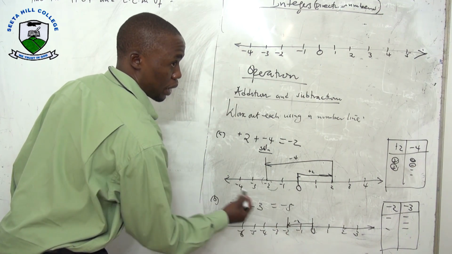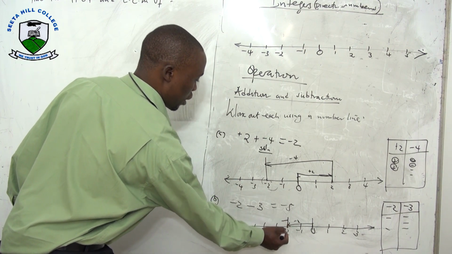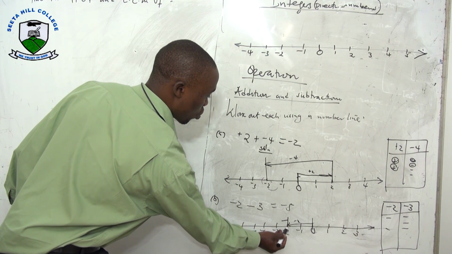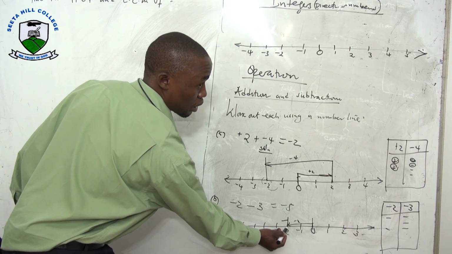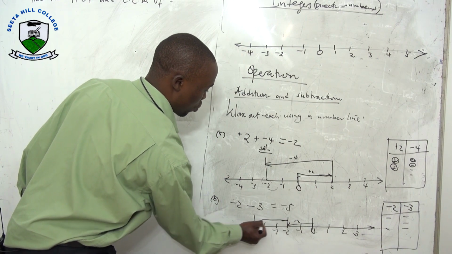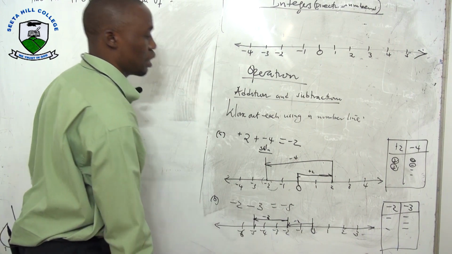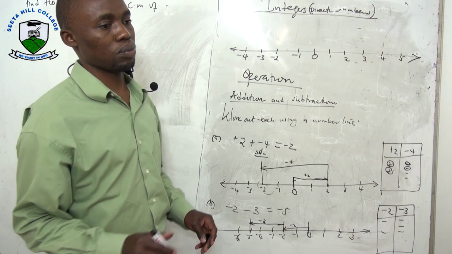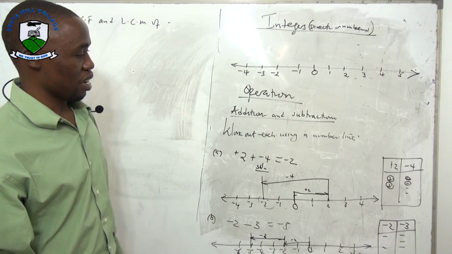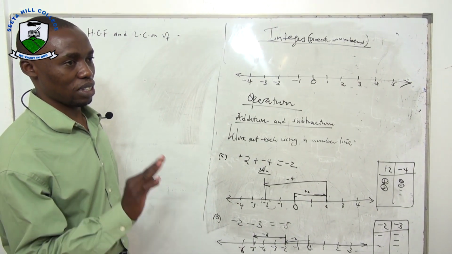We follow more negatives. Yes. Follow more. How many? 1, this is 0, where we end, we start from there. 1, 2, and 3. That would give you that, not so? That's negative 3. The final answer is? Negative 5.